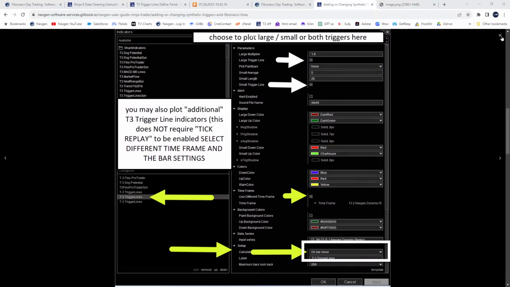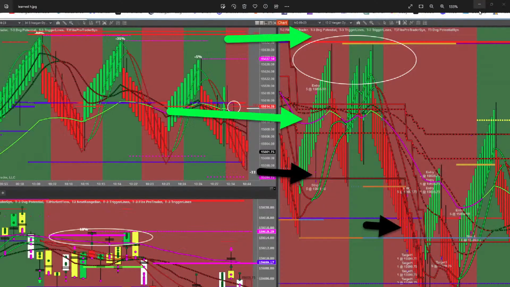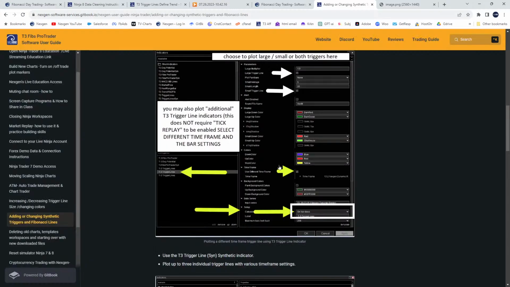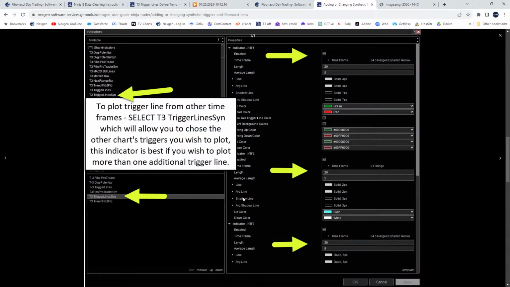So that's the short-term solution. If you don't run synthetic triggers, you're going to know it because it's going to say T3 trigger lines synthetic down here at the bottom. If you don't run these, then you don't have to worry about it. If you run them, then don't, and run the other ones.